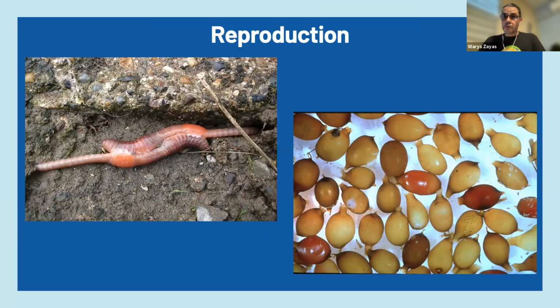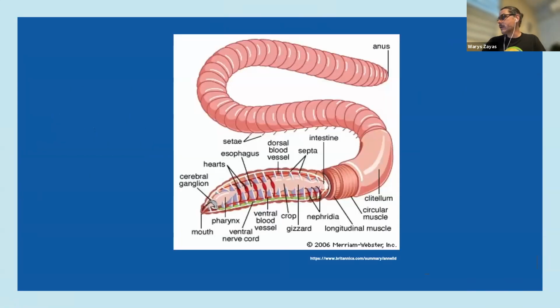Talking about reproduction, when they reach sexual maturity, they need, as I mentioned a few slides ago, sexual contact with another worm, right? They exchange gametes through this contact, and when we see this ring in the body of the earthworm, it is called the clitellum.